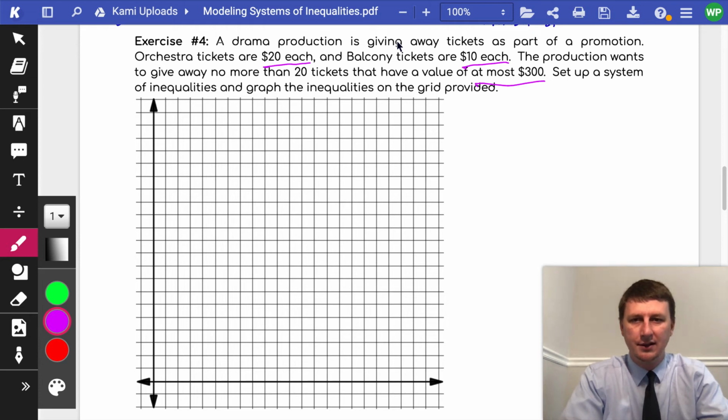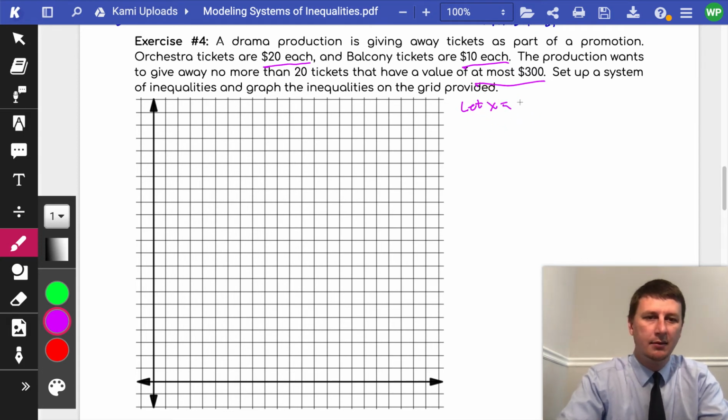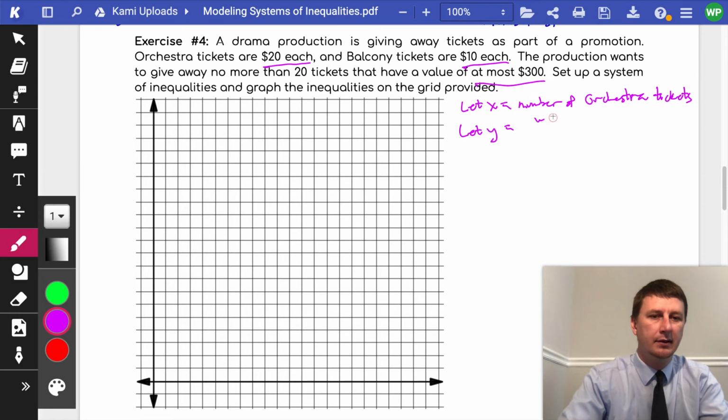And the answer is no. So I'm just going to write a little let statement over here since we don't know. Let x equal the number of orchestra tickets. And that means I'm going to let y equal the number of balcony tickets.